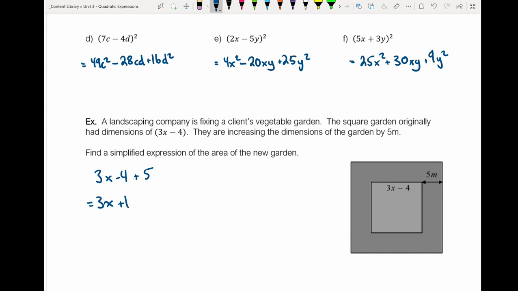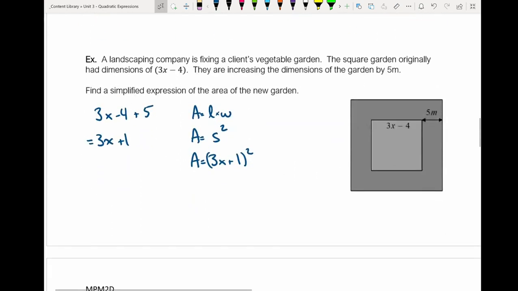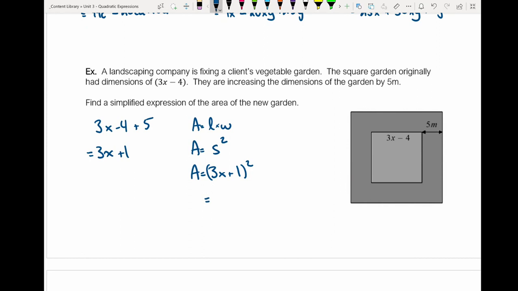Now we want to figure out what the area is. So the area is going to be length times width, or because it's a square, it's just going to be the side length squared, and we know what the side length is. So area is going to equal 3x plus 1 all squared, and we can simplify this because we're using our pattern, so this becomes 9x squared plus 6x plus 1.